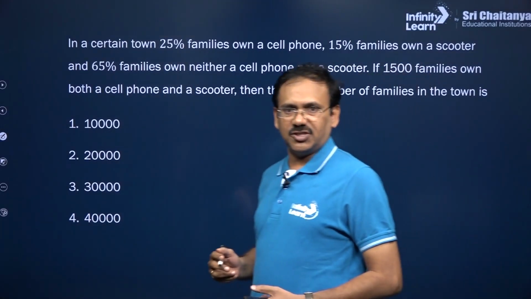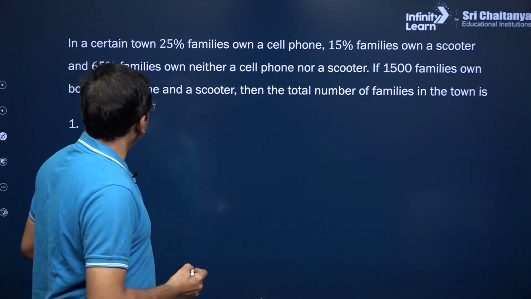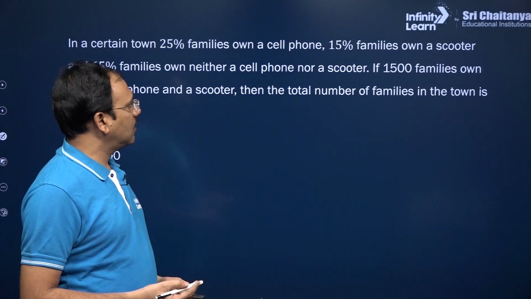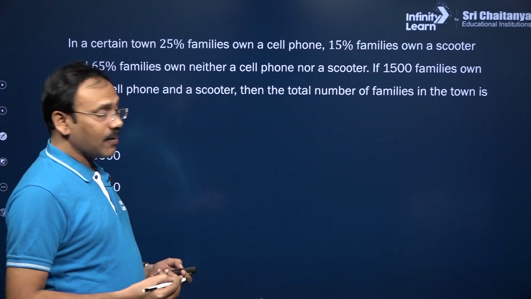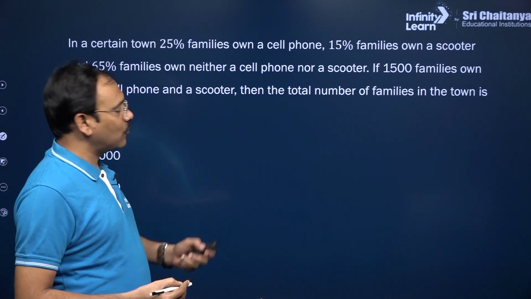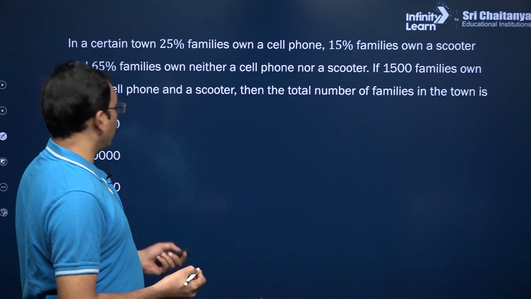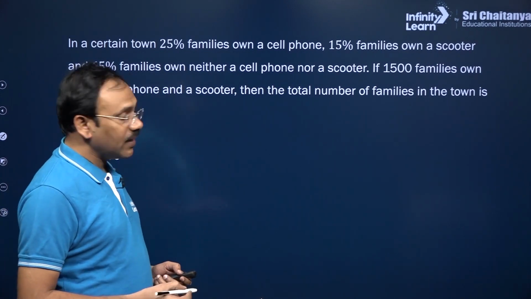Coming to the first question: in a certain town, 25% of families own a cell phone, 15% of families own a scooter, and 65% of the families own neither a cell phone nor a scooter. If 1500 families own both a cell phone and scooter, then find the total number of families in the town.